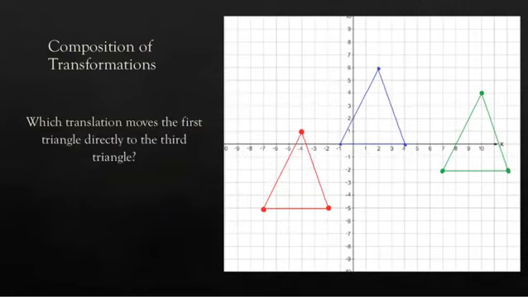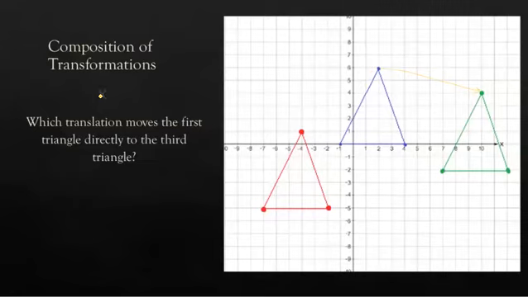So let's look at which translation moves the first triangle, the blue one, directly to the third one. We're trying to move this point to here. Well, we went over in the positive X direction, 1, 2, 3, 4, 5, 6, 7, 8.